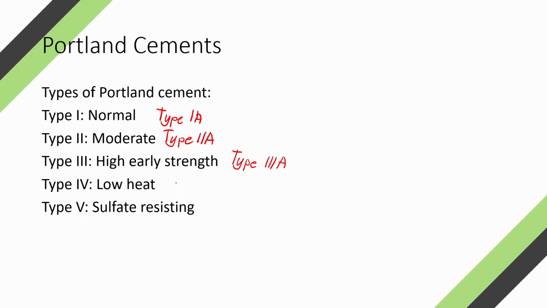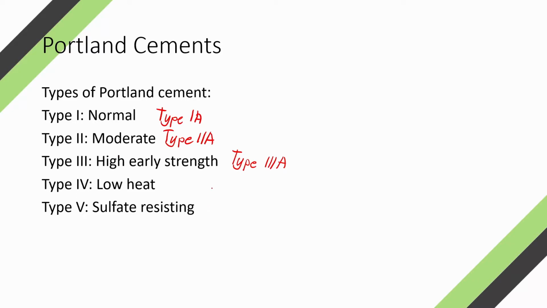So, mataas yung temperature niyan during hydration process. So, kapag gusto mo na hindi siya masyadong mainit, kailangan mo ng low heat na cement or type 4.